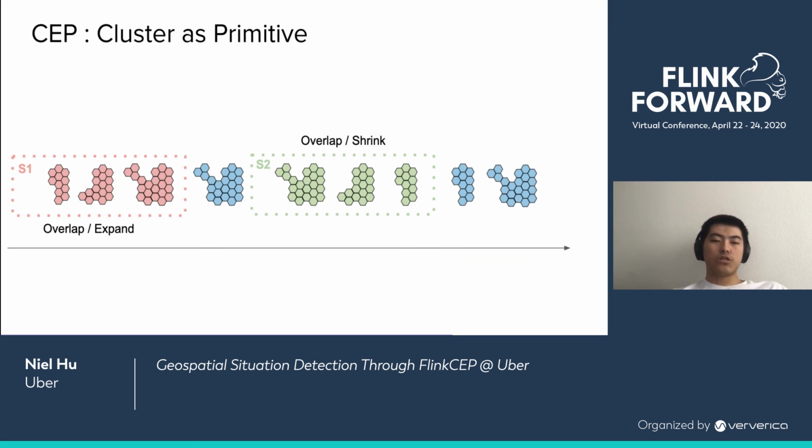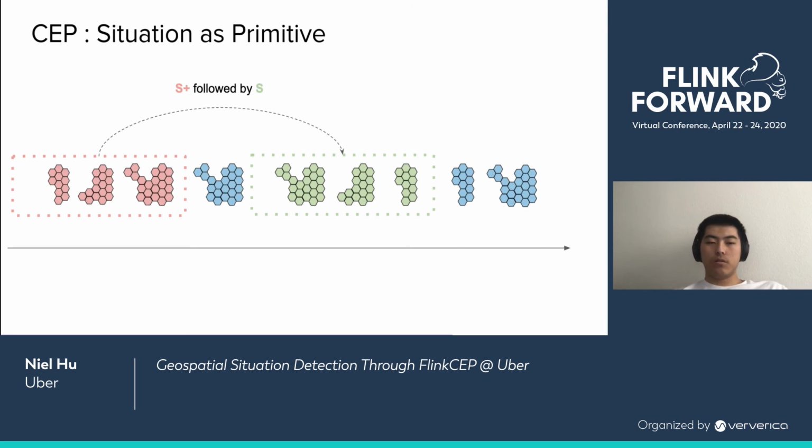Our cluster abstraction works really well with the CEP library. Even more, we can detect more complicated patterns, not just clusters or situations at the same location, but situations across long distances and across long time horizons.